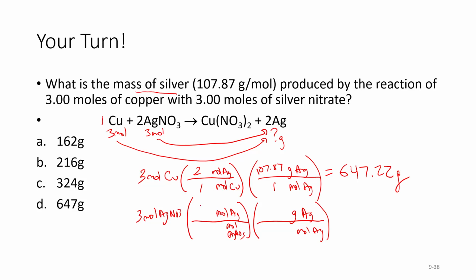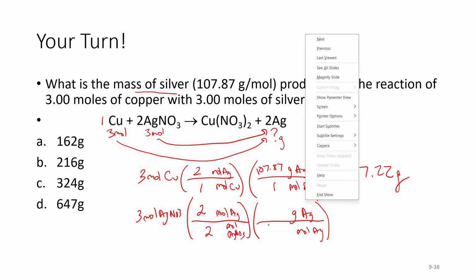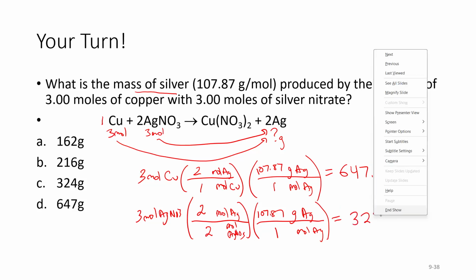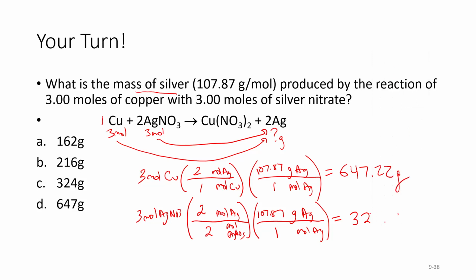There is a number 2 in front of silver and a number 2 in front of silver nitrate. And here we're going to use 1 mole is equal to the mass from the periodic table, 107.87 grams. We're going to multiply across the top, divide away the bottom. We get 323.61. That is the lower of the two numbers. That is our final answer.